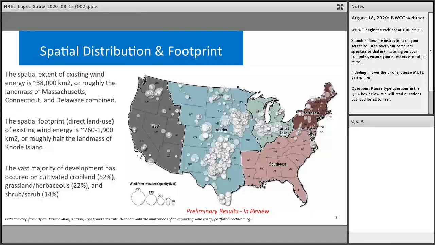So curtailment, for example, doesn't necessarily impact where a turbine would be installed, but it does impact generation. And so we can evaluate all that and look at how sensitive the whole system, or from site to site, is to these different minimization options.